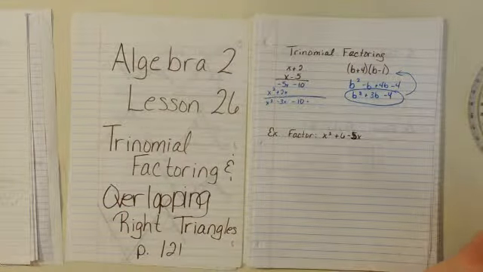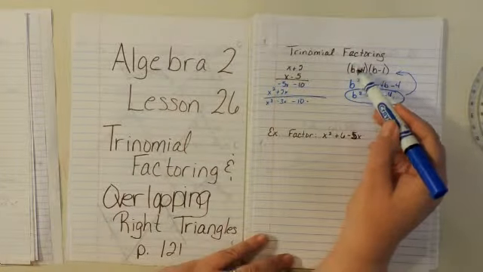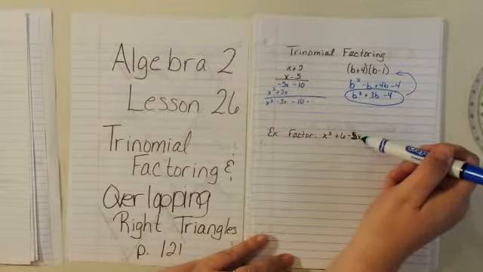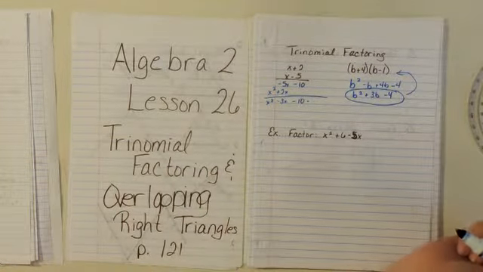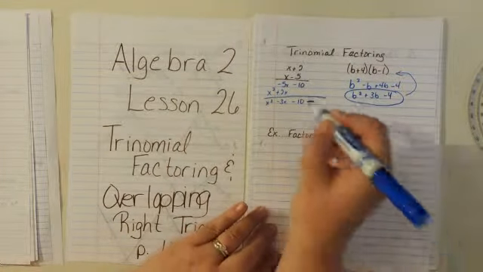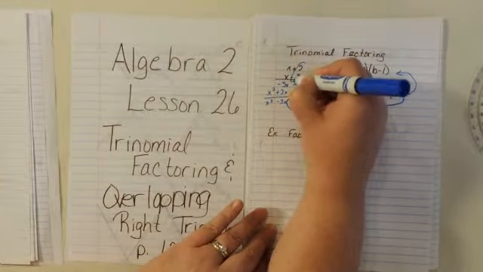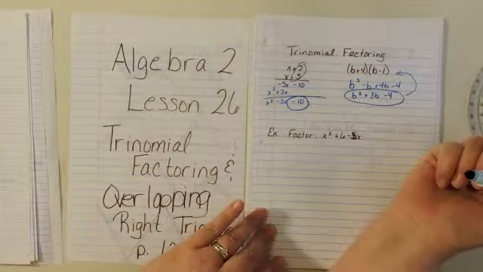Okay? So this is going from binomials to the trinomial. When we factor, we're going to go from the trinomial back to the binomials. What you need to notice here is that in both these cases, our last term is the product of the last terms in the binomials. 2 times negative 5 is negative 10.